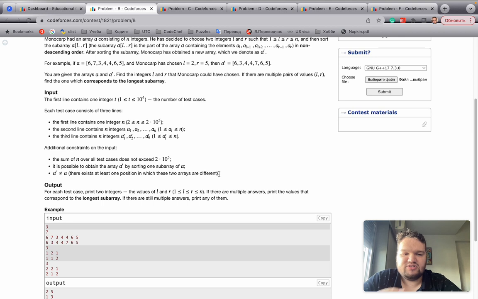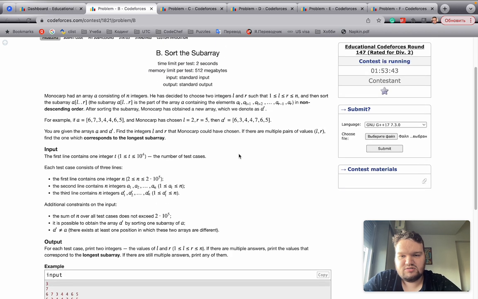And we can do that independently for the left and right border, because we know that there was at least one element in our initial array. And thus we will get the longest array.